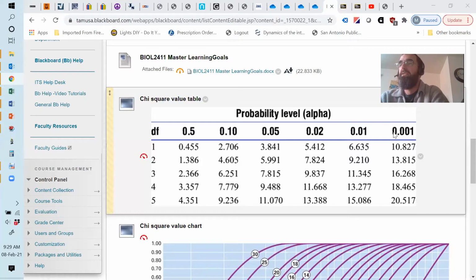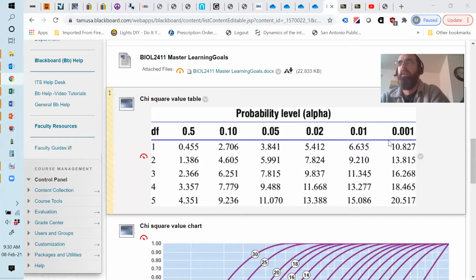So 1 in 1,000 chance it's happening by chance. 1 in 100 probability that it's happening by chance. 1 in 20 probability that the difference, the data you observe, is happening by chance. So the flip side of that is that 19 out of 20 times you're expecting this would not happen by chance.